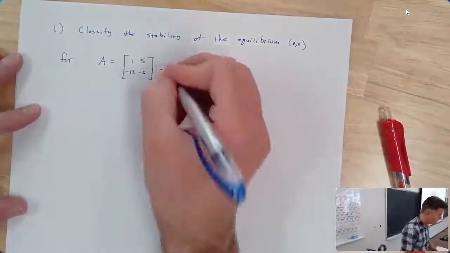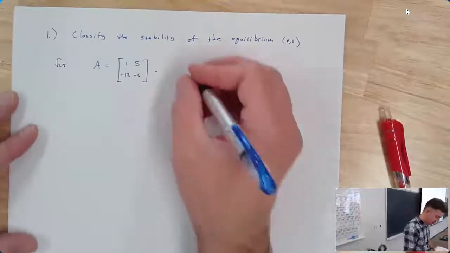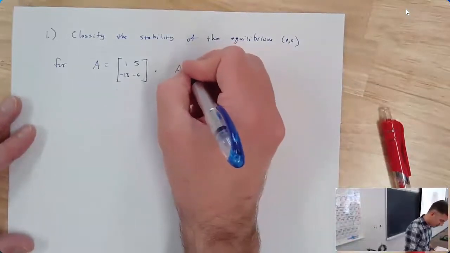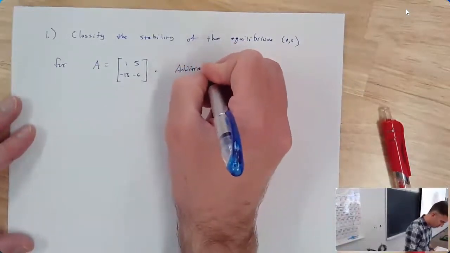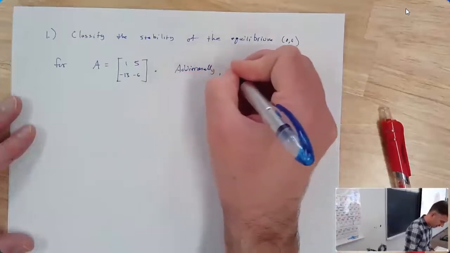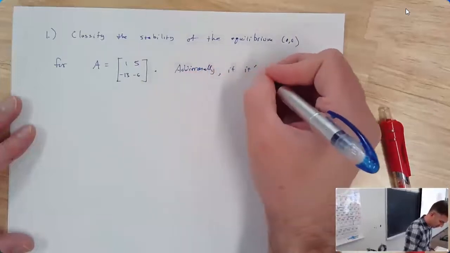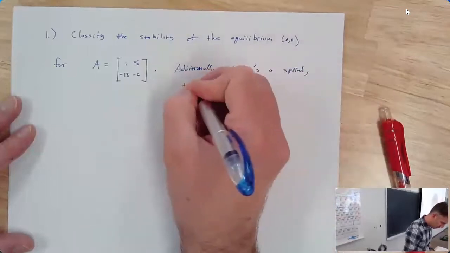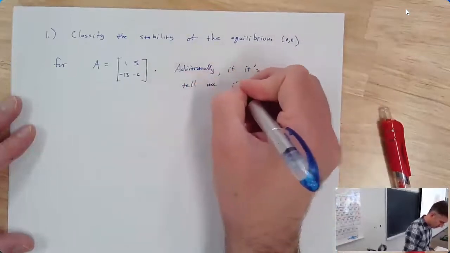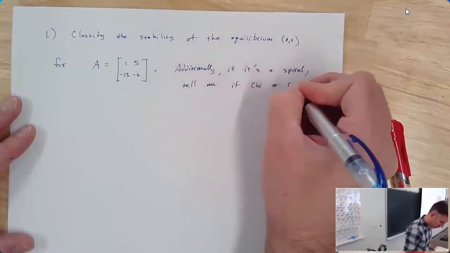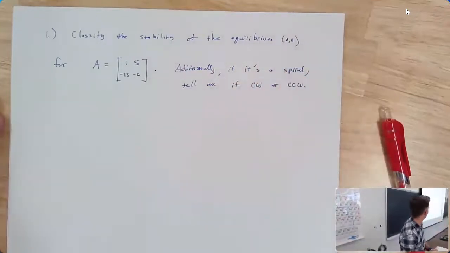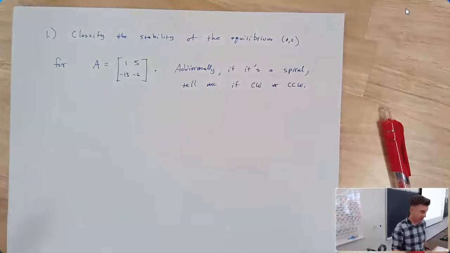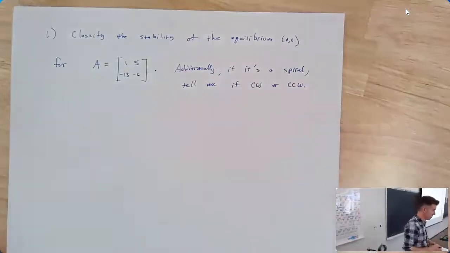And I also say, additionally, if it's a spiral, tell me the direction it's spiraling. If it's a spiral, tell me if it's clockwise or counterclockwise. Which definitely all of your spiral questions on your homework ask you about.